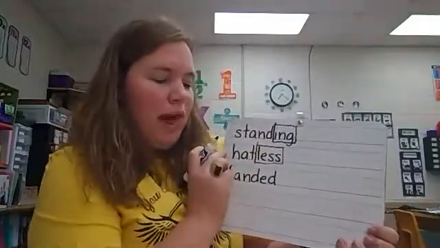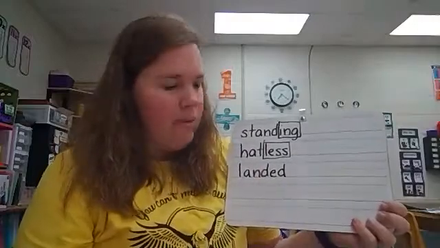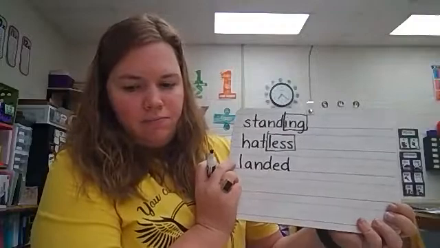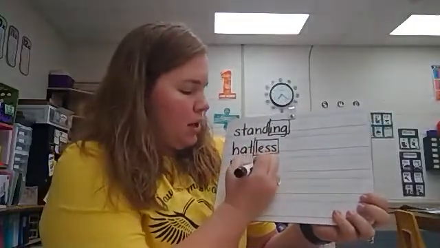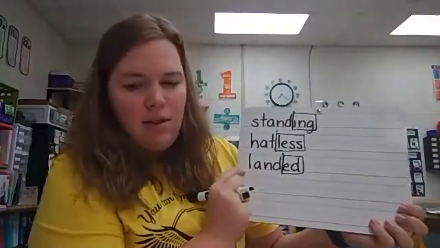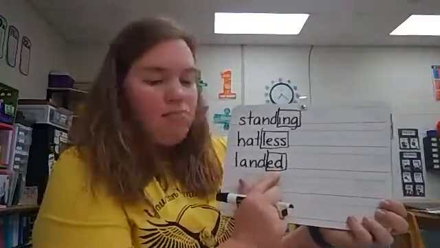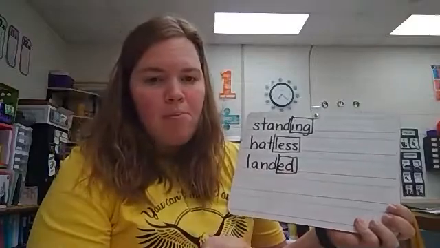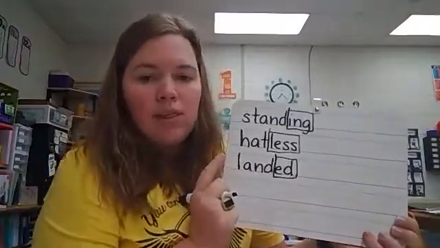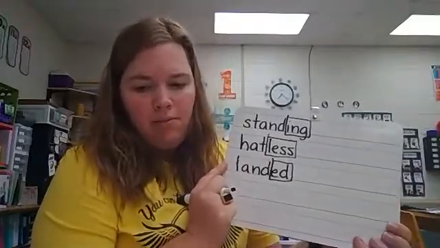So this means without a hat, okay? And what is the suffix in the word landed? Ed. So that means the root word is land. The suffix ed means something that has already happened. It happened in the past. Okay, yesterday we landed the plane.